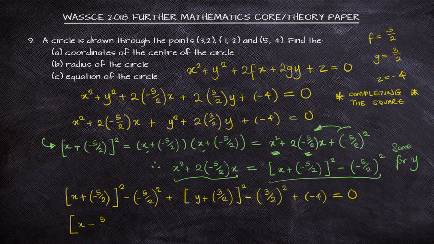So, this we can go ahead to say is x minus 5 over 2 all square plus y plus 3 over 2 all square. Now, minus 5 over 2 all square will be 25 over 4. Then minus 3 over 2 all square will be 9 over 4. Then we have minus 4, all is equal to 0.